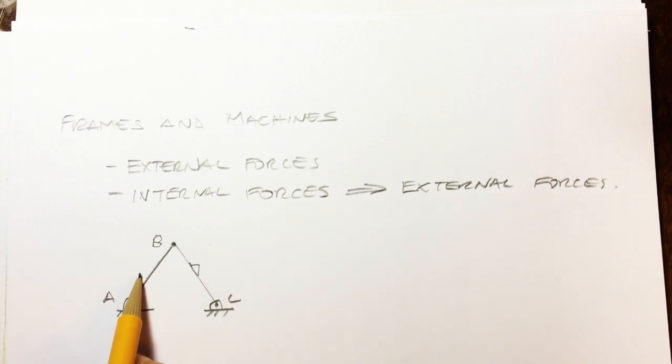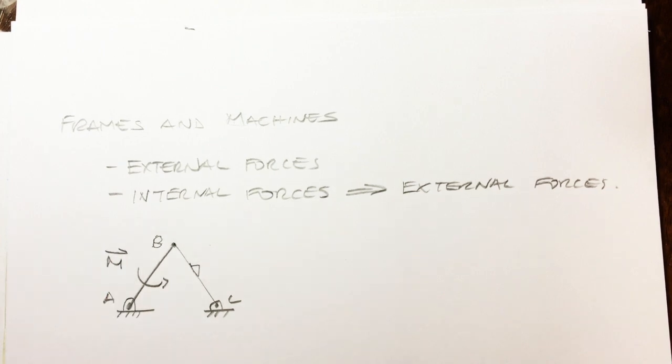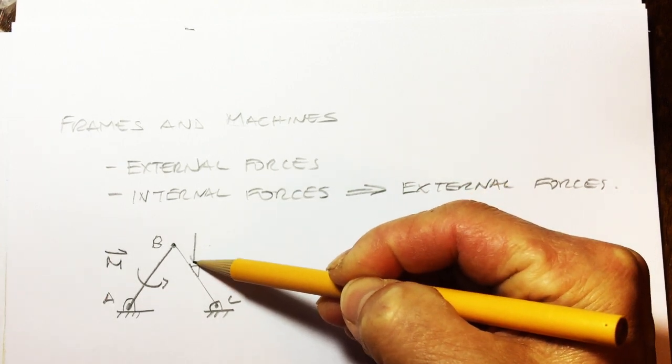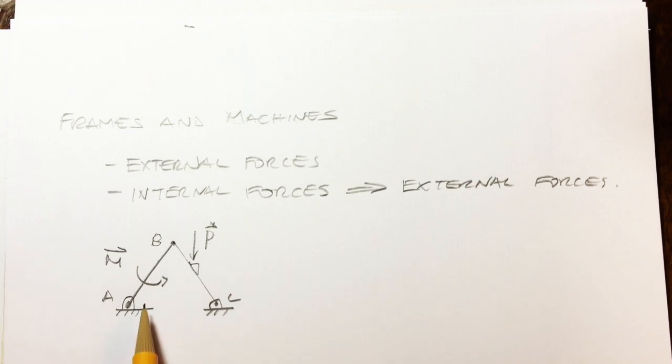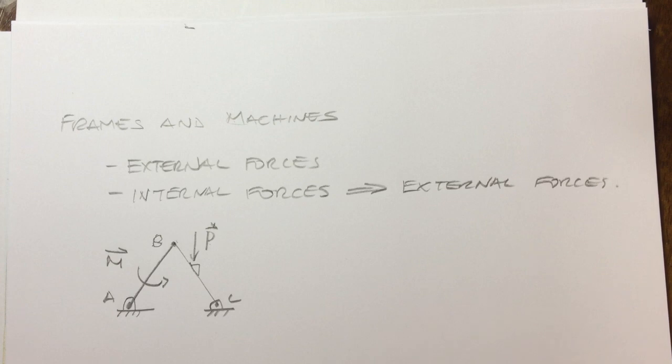So suppose I apply a moment, and I also apply a load P, and we'd like to determine the free body diagram of member AB and member BC.